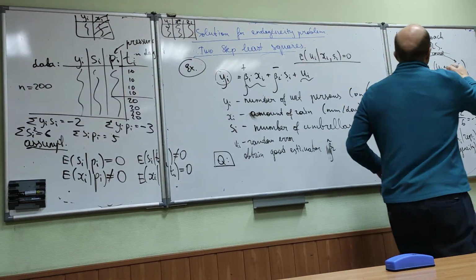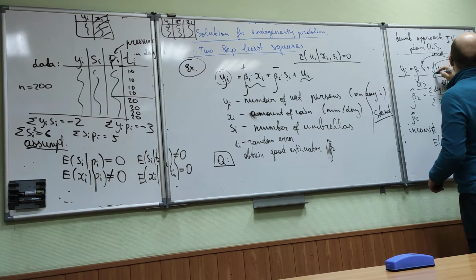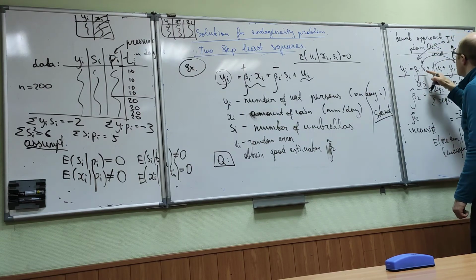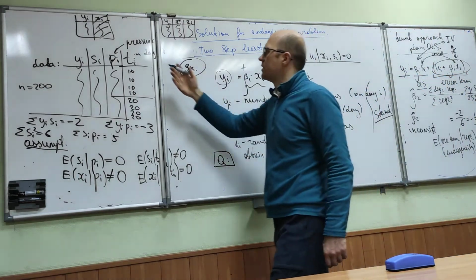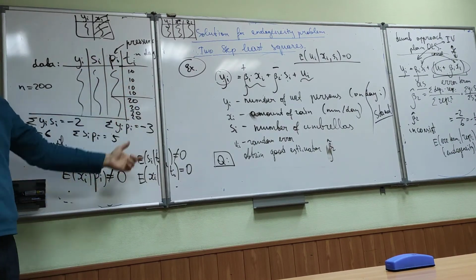So we need an instrument. An instrument should have no correlation with noise, but should have correlation with the number of umbrellas. So in this case, we need to search for some kind of umbrella tax that is not related to weather. My point of view is that in real life it's very hard to find such a variable.